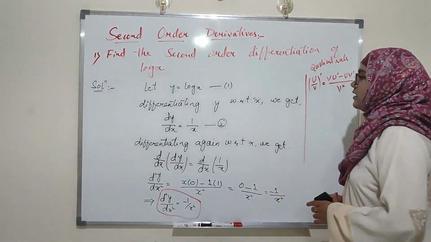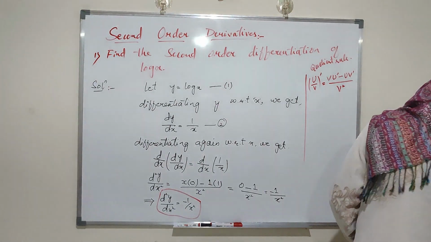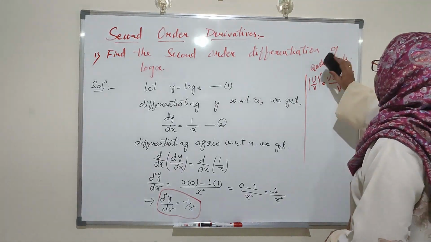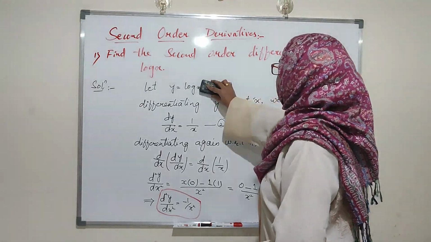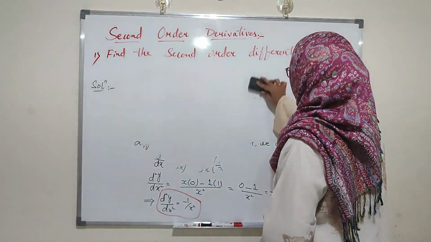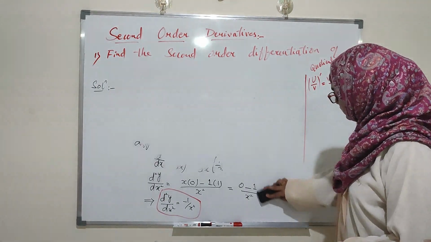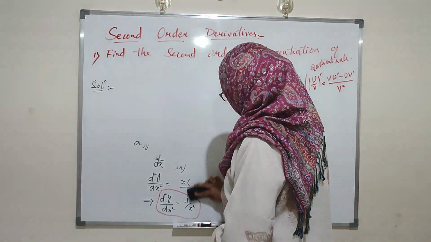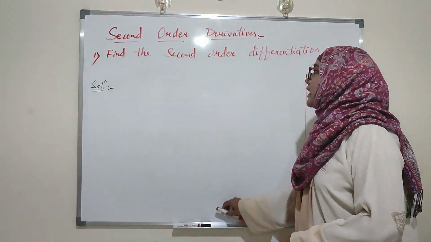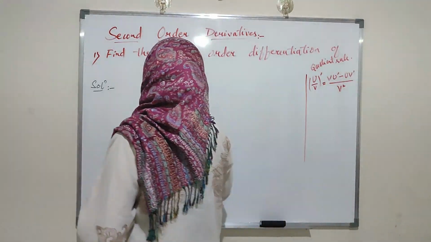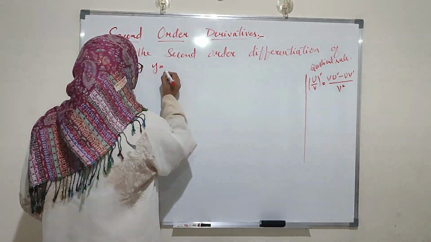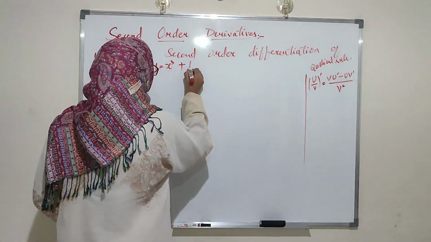So now write another example. Find the second order differentiation of y is equal to x cube plus tan x.